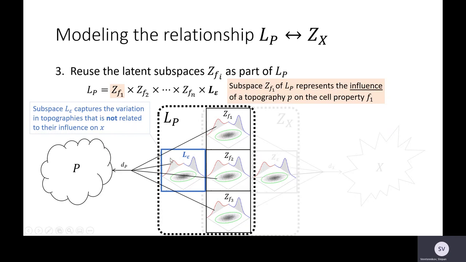And the subspace L epsilon now captures the variation in topographies that is not related to their influence on X. For example, if there is some feature of topography, like, let's say, a density, and we know, or it follows from the data, that density of the topography of these pillars does not influence cells anyhow, and we know this for sure, then all the variation of the density will be captured in this space, because this has no relation to the cells.